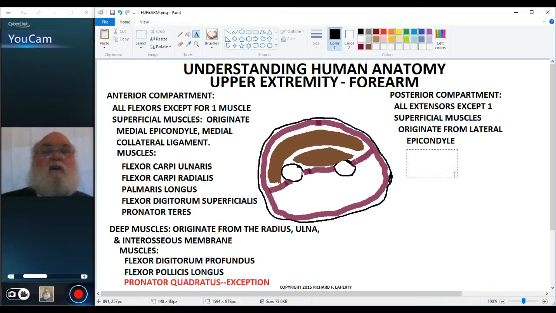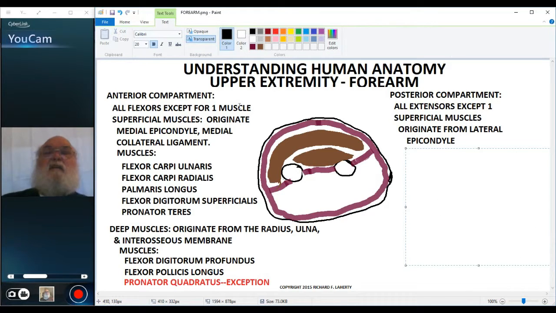These muscles are Brachioradialis, and you'll notice that I'm writing this one in red, because it is our exception, it is actually a flexor.